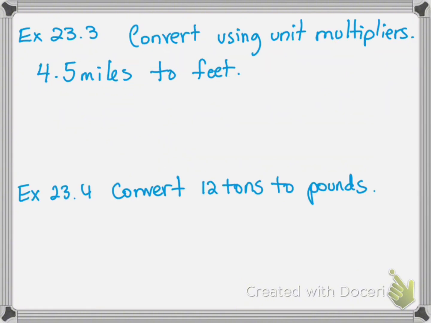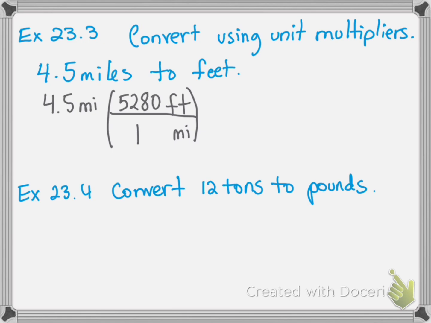The next example says convert using unit multipliers 4.5 miles to feet. So again, I'm going to put the 4.5 miles, MI, and then bring down the unit multiplier. The units that I have on the top, I put on the bottom. And then I check if I have a conversion from miles to feet, and I do. It says that 1 mile equals 5,280 feet.